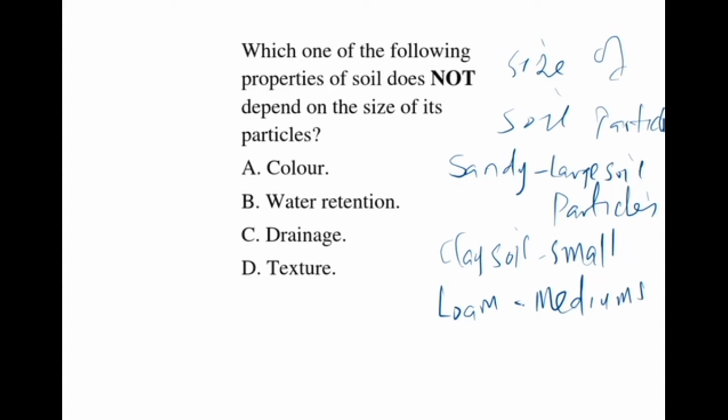Therefore, when we look at all those properties of those different types of soil, they are determined by the size of soil particles in each. These physical characteristics or properties found in soil include: 1. Drainage. Drainage in the three types of soil is high in sandy soil, low in clay soil, and medium in loam soil.